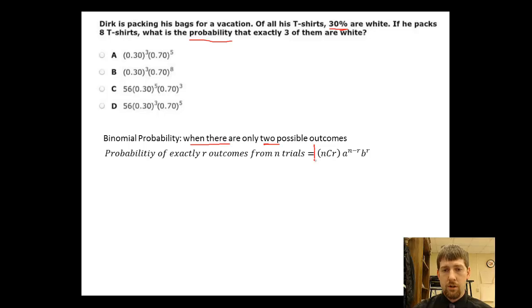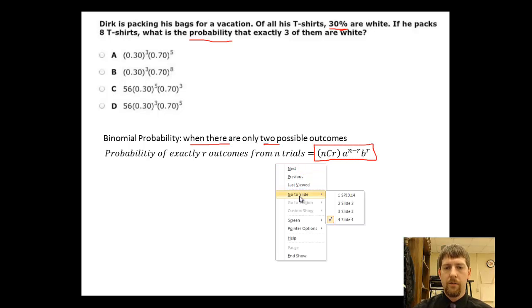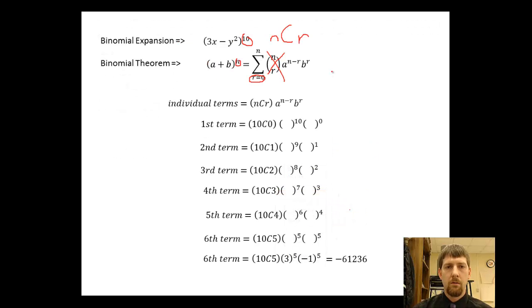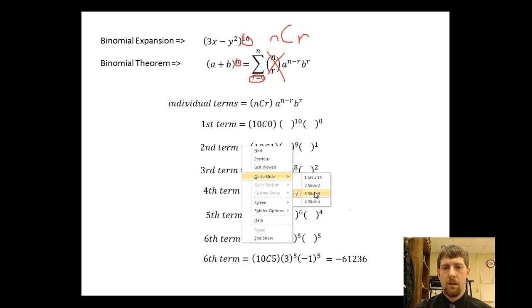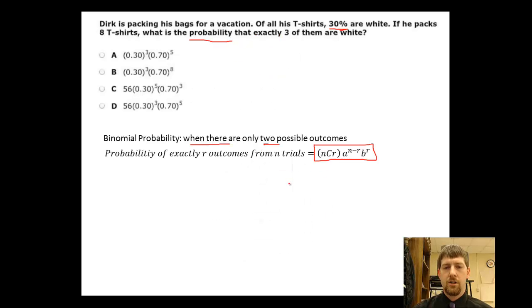Well, this should look familiar to us because this was the way we got our individual terms right here. Individual terms are actually the same thing as individual probabilities. For binomials, that's 2 possible outcomes.